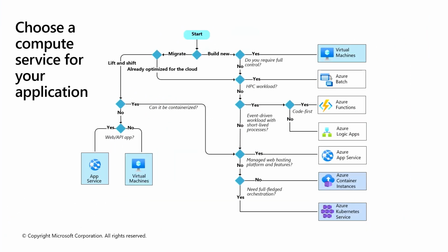The idea is not to decide everything at once, but to quickly land on the services that make sense for your scenario. From there, the focus shifts to understanding how your application behaves in the real world. Look at the bottlenecks. Is the app CPU hungry, memory intensive, or IO bound?